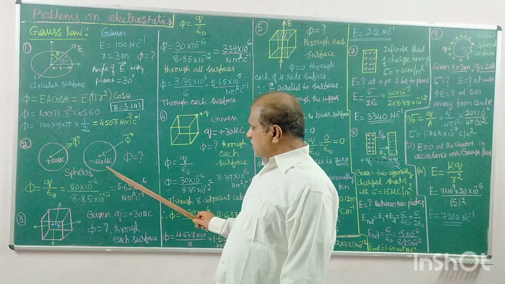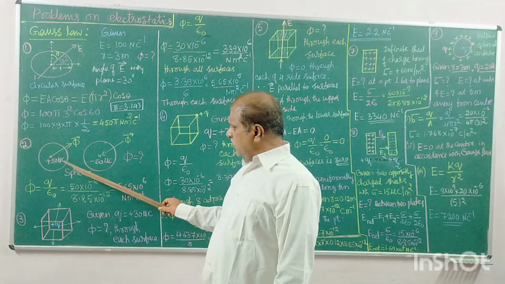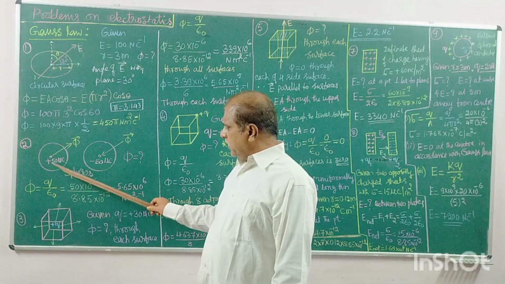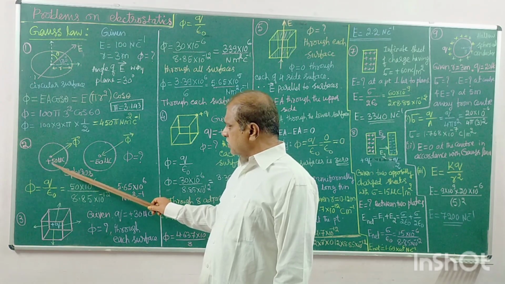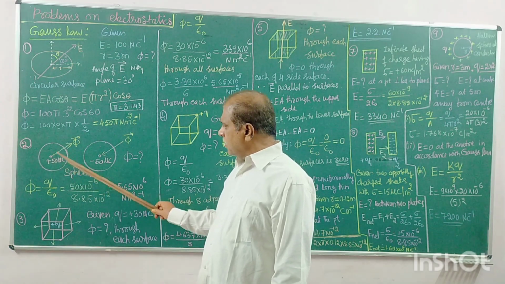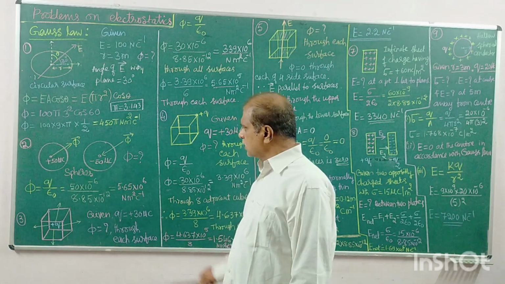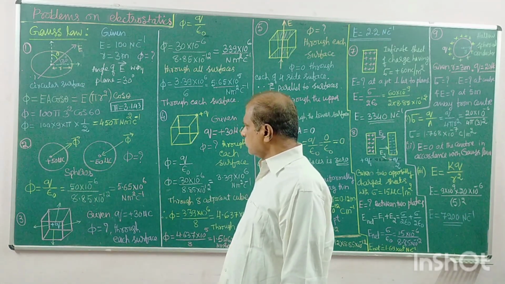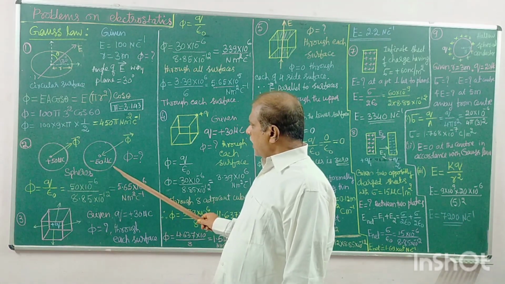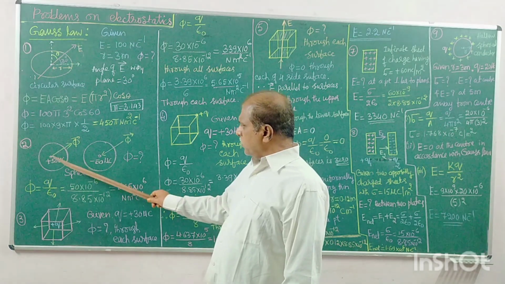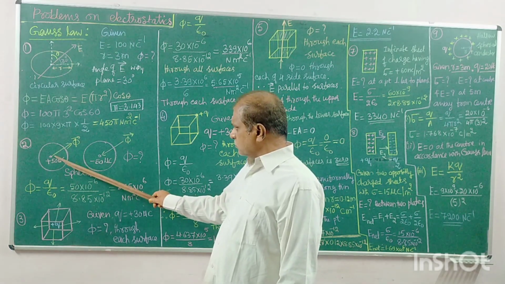There are 2 spheres. Each of them is enclosing an amount of charge, plus 50 and minus 50 microcoulomb at the center.